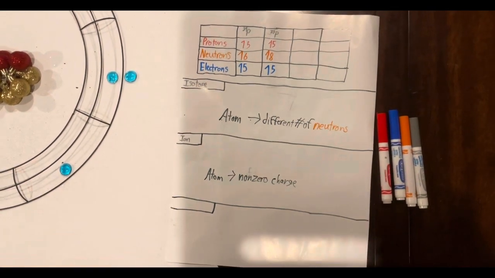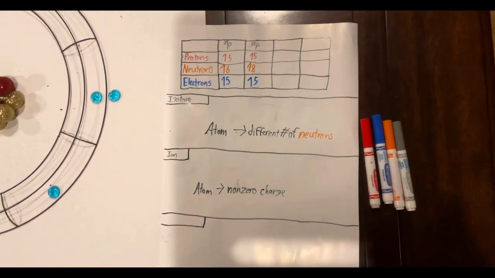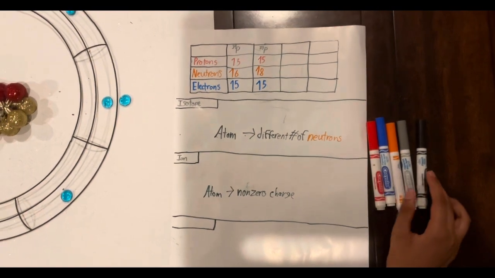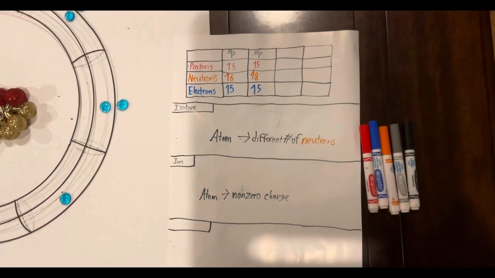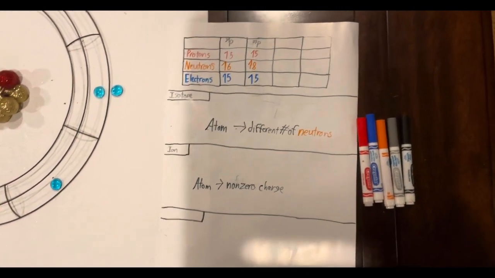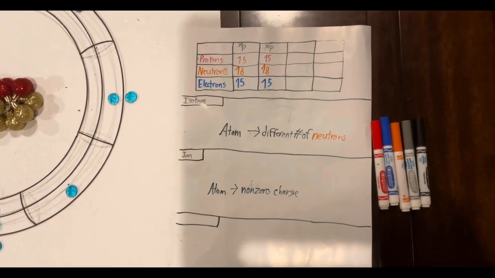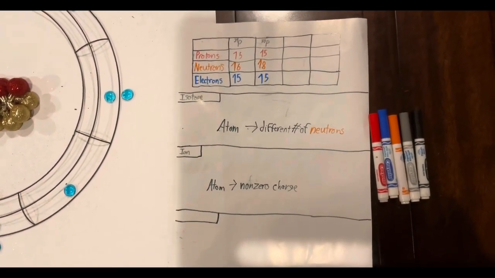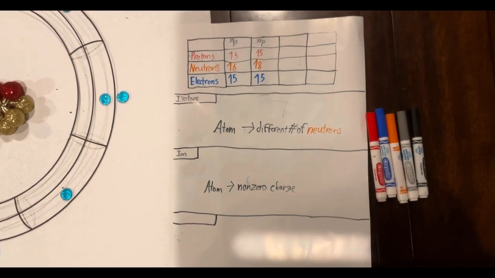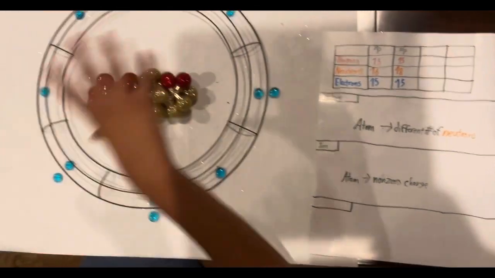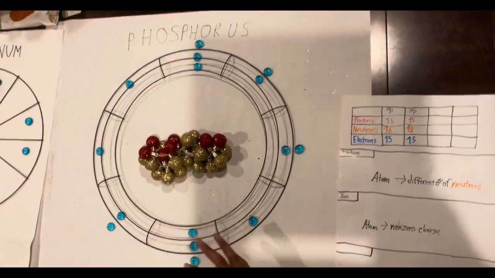So how would you change the charge without changing the number of protons? Because remember, that would change the type of atom or element it is. Well, you can change the number of electrons. So remember how there is an incomplete shell of this phosphorus?